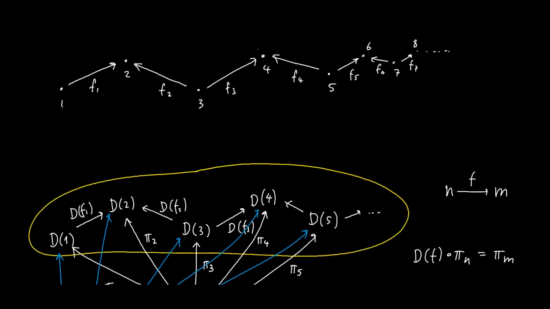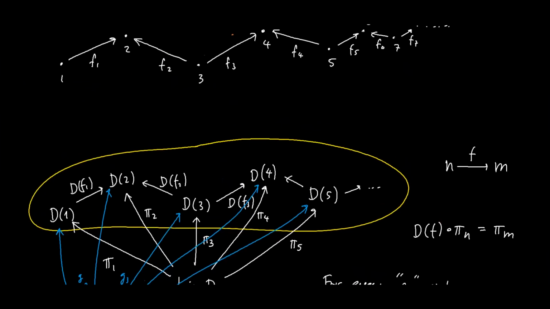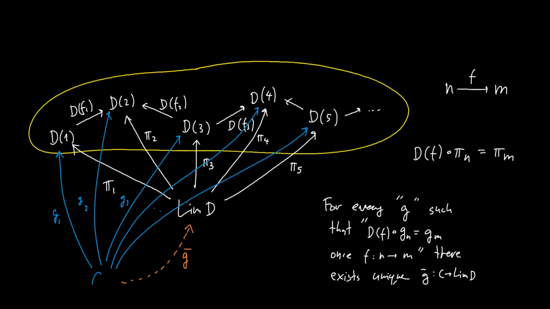So maybe I'll remind you what we did there. For every single arrow in my graph, I consider the triangle. So let's say if this was arrow F3, I consider the triangle that's based on the label of F3, so in the category, the morphism D of F3, and the corresponding projection morphisms, rather, that mapped to the D of 3 and D of 4 respectively.